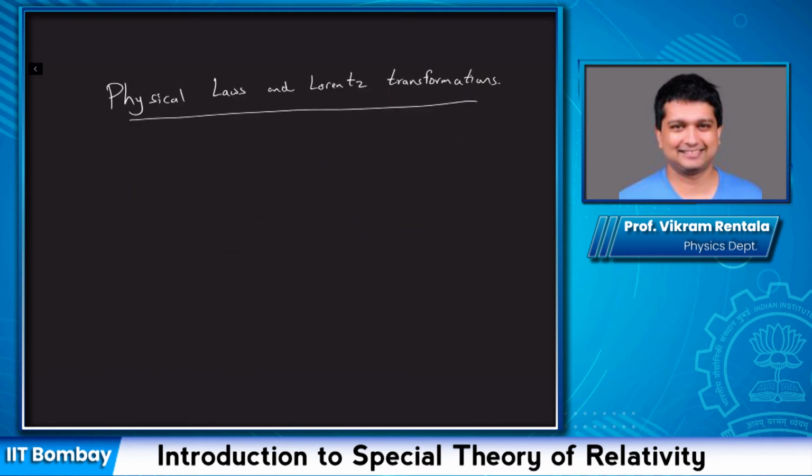Now let's discuss how physical laws should appear, or the form that physical laws should take, in order for them to be compatible with Lorentz transformations.